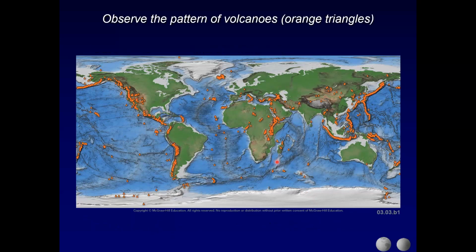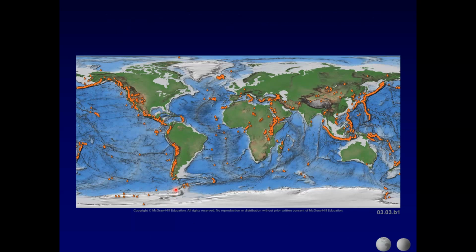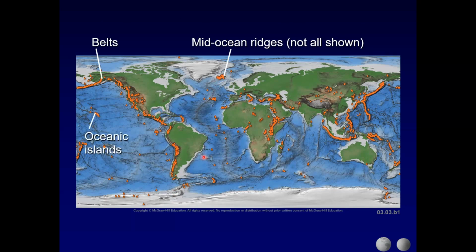In all the areas that we explored at the beginning of the lecture, we can also look at this pattern of volcano occurrences. These orange triangles, we see them in belts. We see them at some mid-ocean ridges, and oceanic islands in the middle of the Pacific.